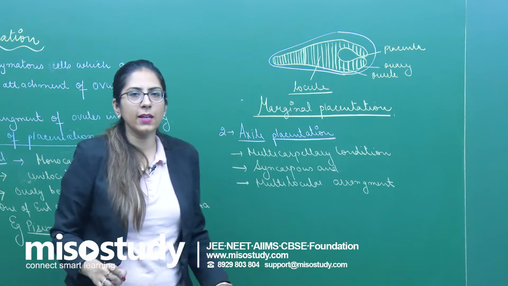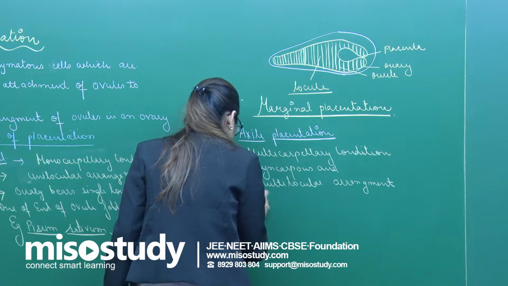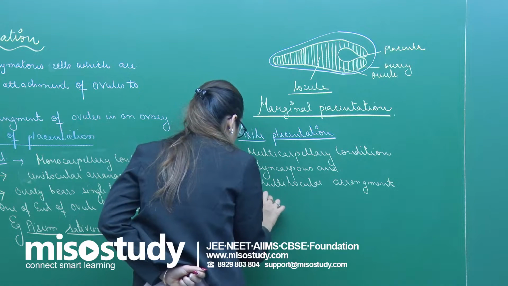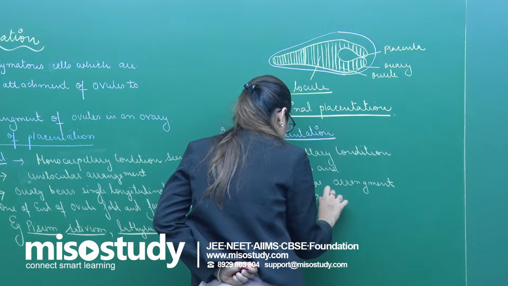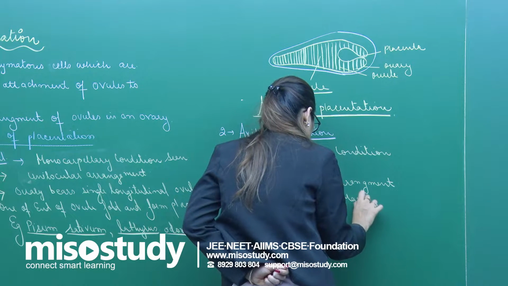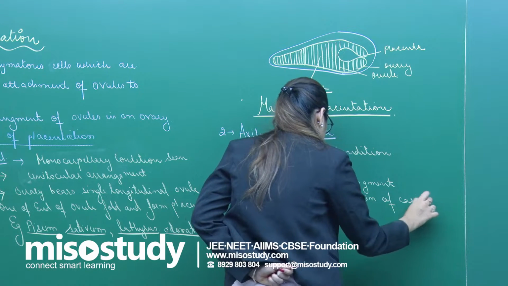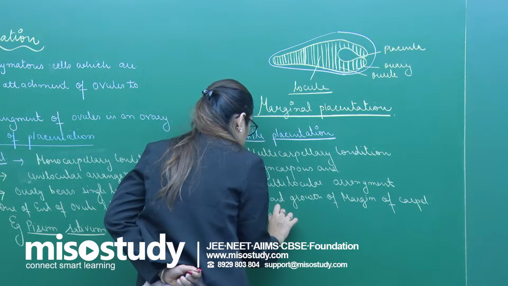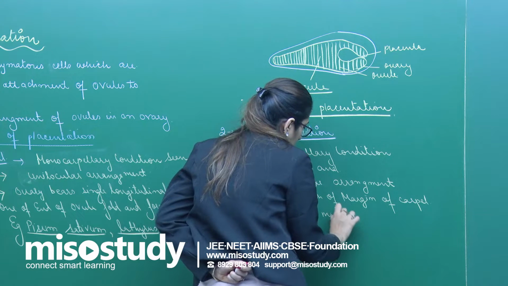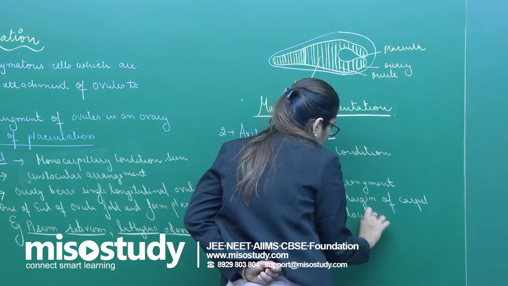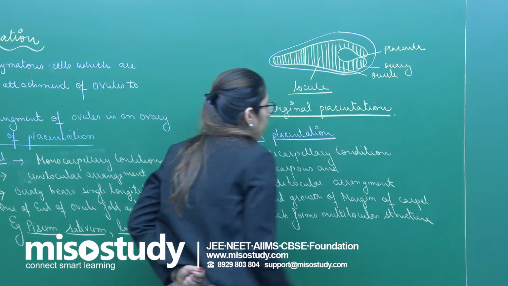Right. In this case, what happens? There is an inward folding of these carpels. So, there is an inward growth of margins of carpel which forms a multilocular structure.